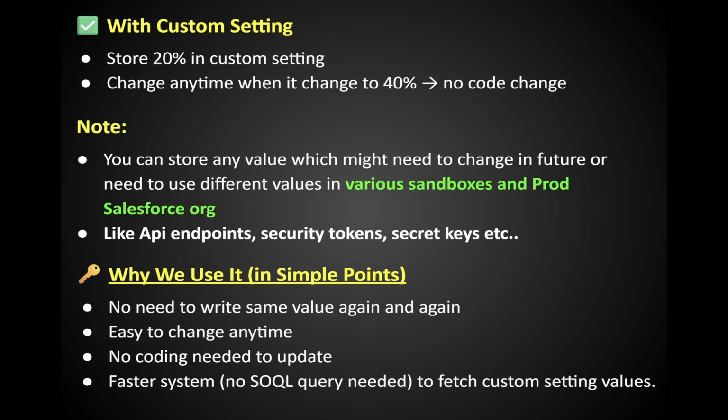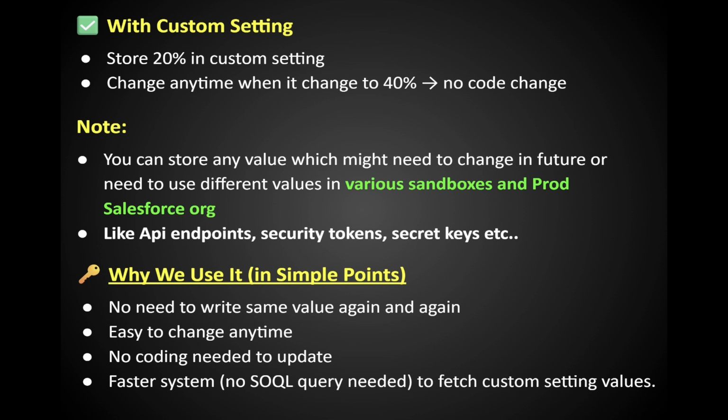Okay, so we have some points here. You can store any value which might need to change in future or need different values in various sandboxes and the prod Salesforce org, which we have discussed already. Like keys, if you are doing API integrations, those values will be different in prod, and different in the sandboxes because you are going to do testing, right?